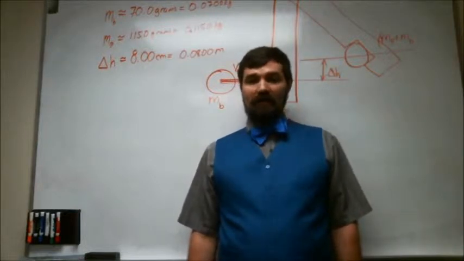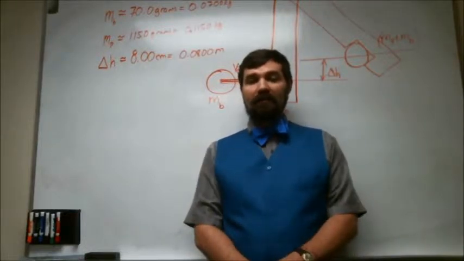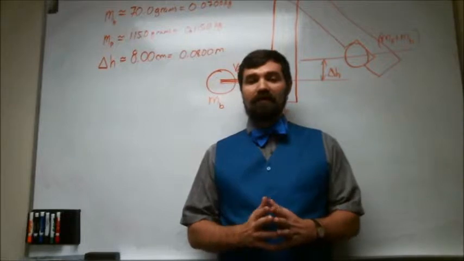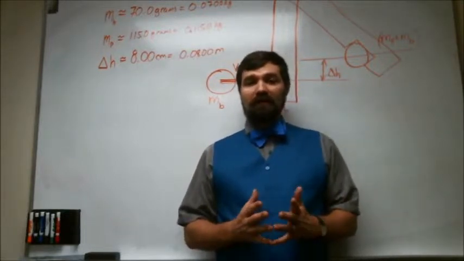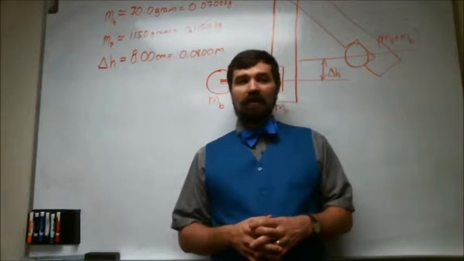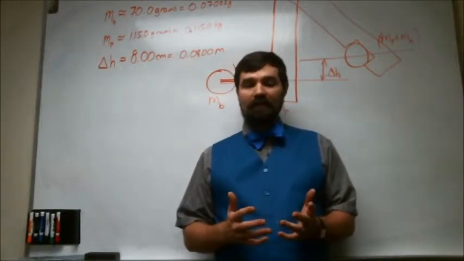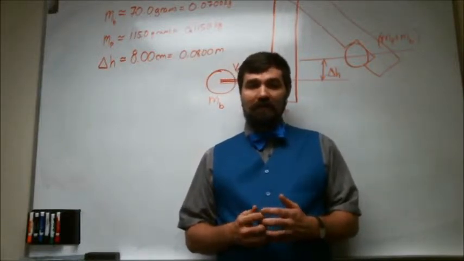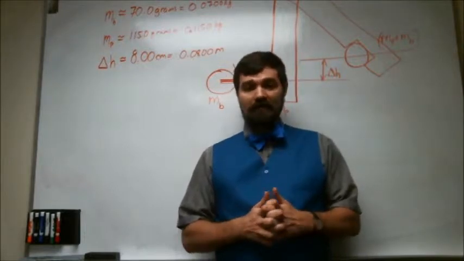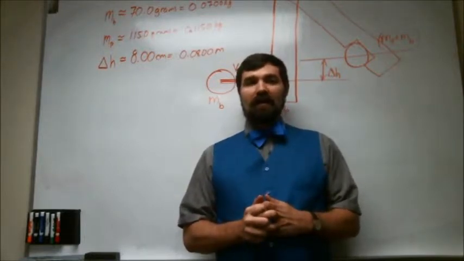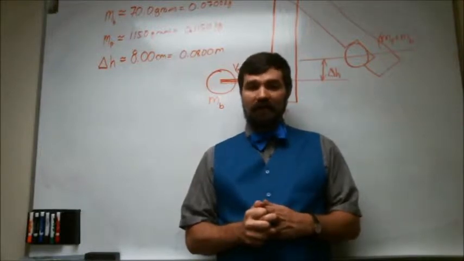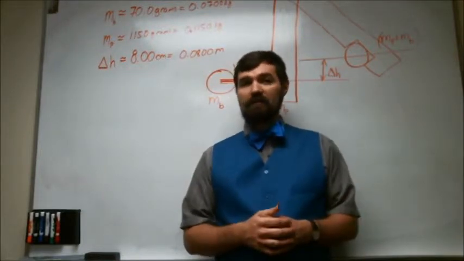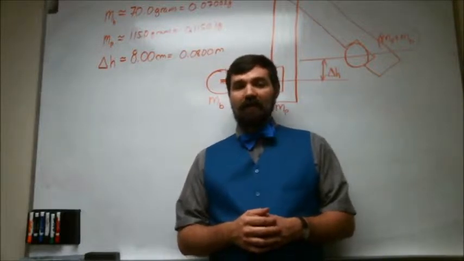Today I wanted to do a quick example using a ballistic pendulum. Usually how a ballistic pendulum works is you have an object that's fired at the pendulum, and you measure the mass of the object, you measure the mass of the pendulum, and the change in height that the two swing to together, and from that you can get an initial speed of the object.